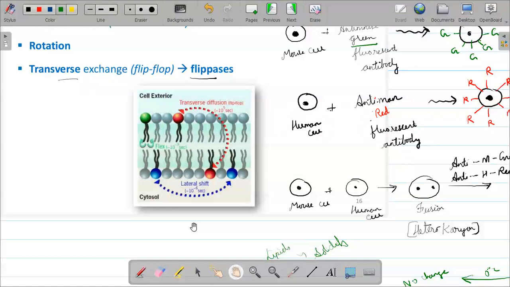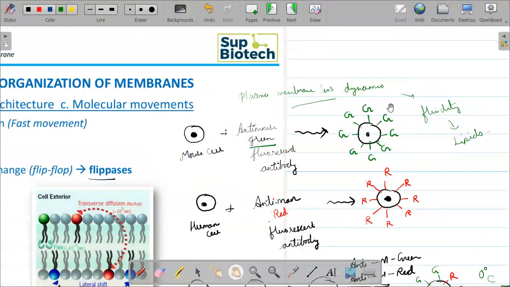This mechanism is called transverse exchange, occurring by means of the enzyme flippase. At lower temperature it will not occur. At higher temperature the lipids exchange their position, which helps bring about the transfer of molecules. So the right term is that the plasma membrane is dynamic in nature. Dynamic means always active. Got it?